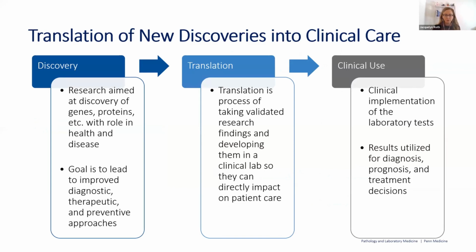Once we're able to go through that process, we can implement certain assays for clinical use, and they can be used to diagnose, decide prognosis and treatment decisions for our patients, right? So that's usually the goal of our research, is to get this into some form that can help our patients. But there are many steps along the way, and this, of course, can take not only months, but years for some assays.